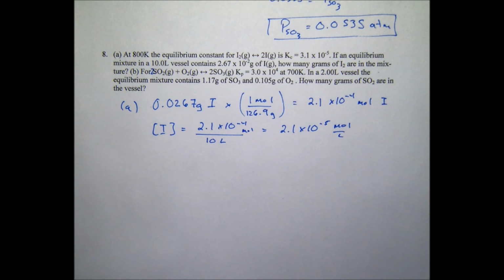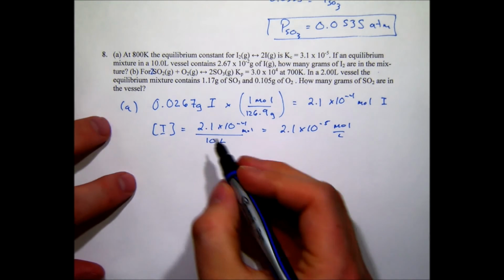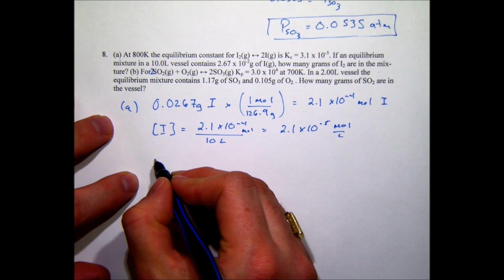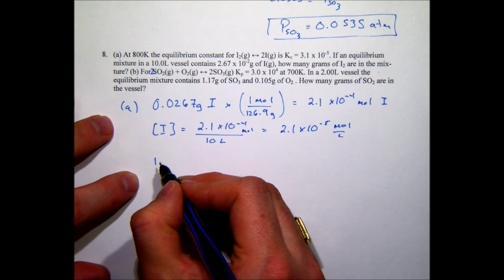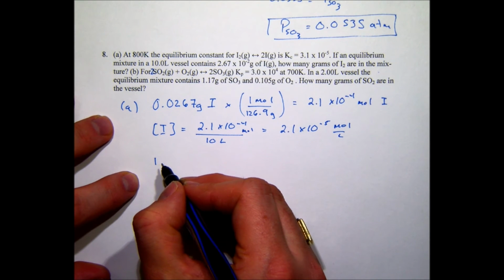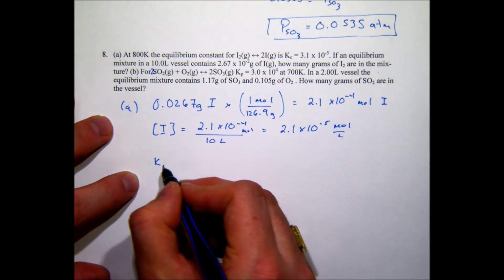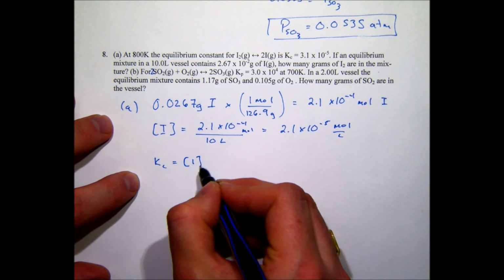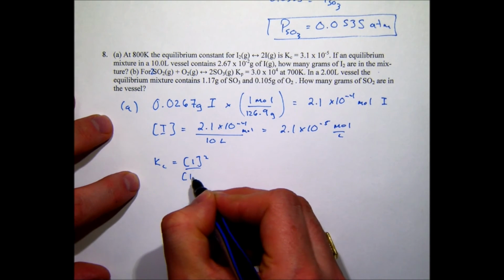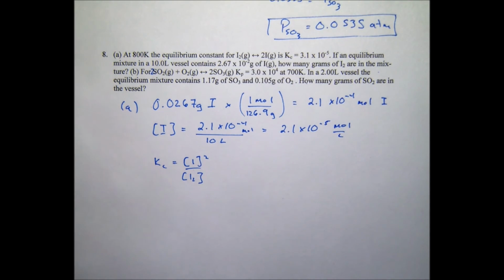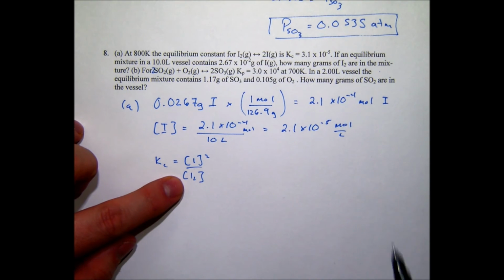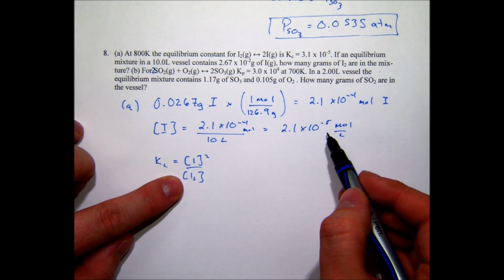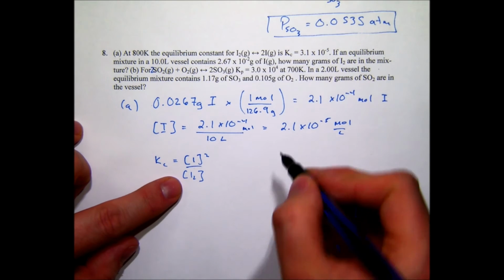So we write out our equilibrium expression for this. It is Kc, we always double check, is equal to the concentration of I squared over the concentration of I2. So we have I and we have Kc.